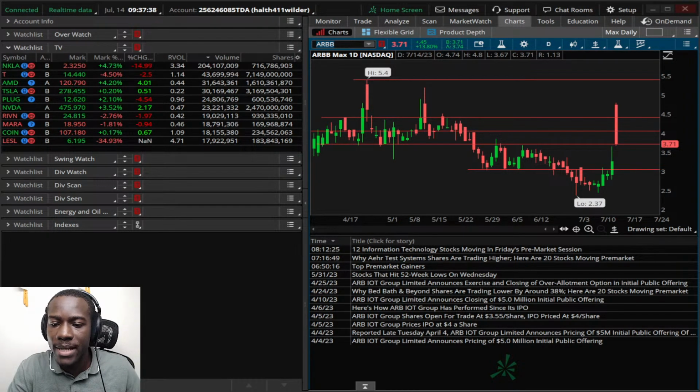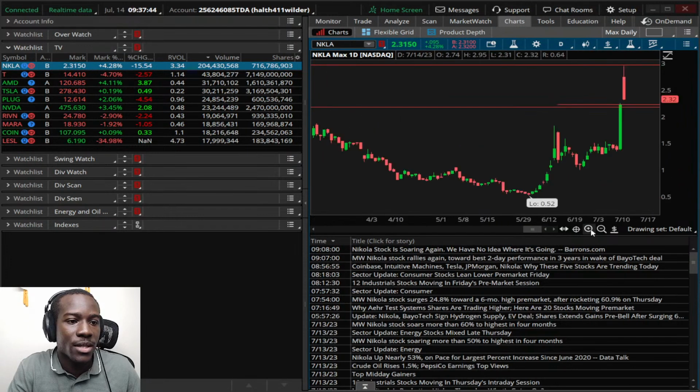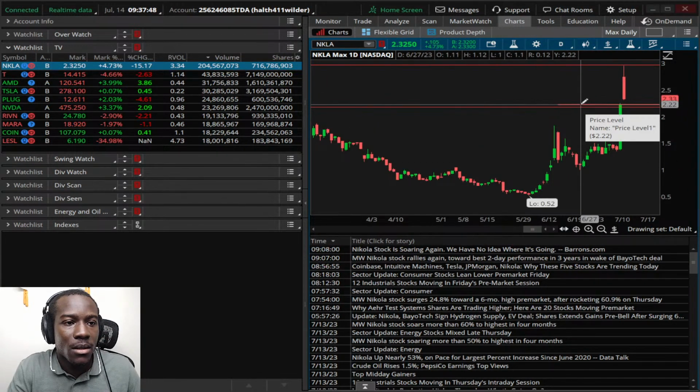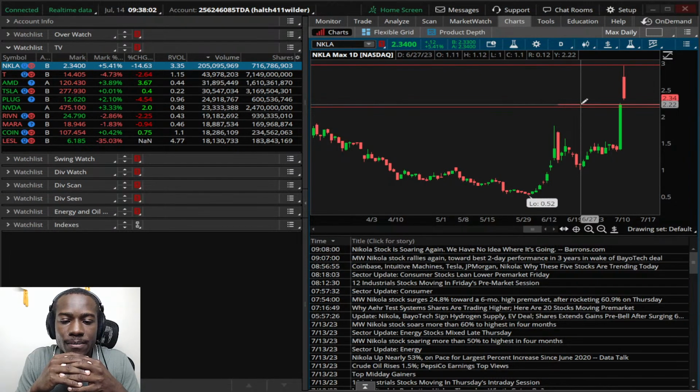All right, let's go back up to Nikola or whatever and try to see if we can get a 10-cent retracement here. 222s, and this is very close to $2 too. So being a higher float, what's the possibility with the 530 million outstanding shares? What's the possibility of it popping back up?